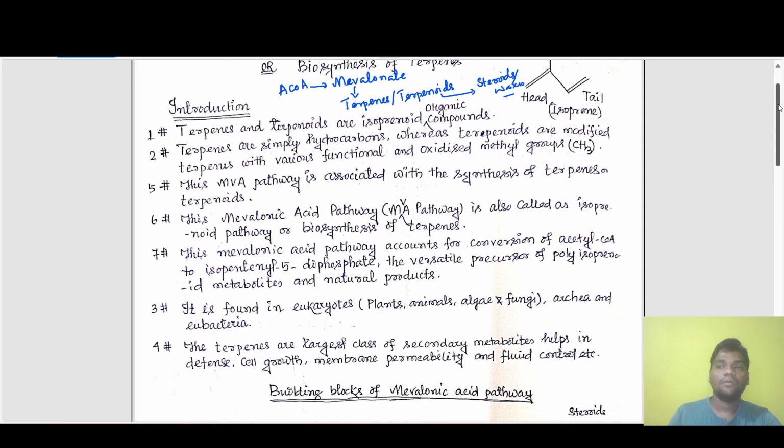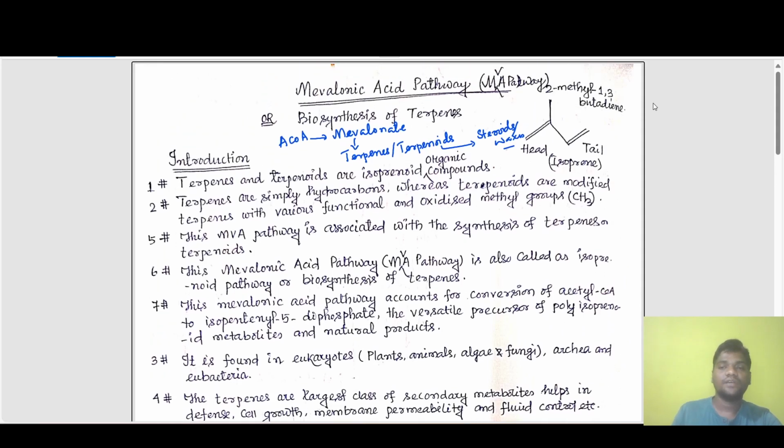Now this structure you can see here is the isoprene structure. Terpenes and the mevalonic acid pathway, which is meant for the production of terpenes and terpenoids, are both categories of compounds having an isoprene type of unit in their chemical structure. So terpenes and terpenoids are both isoprenoid type organic compounds. Now, what is terpenoid and what is terpene?